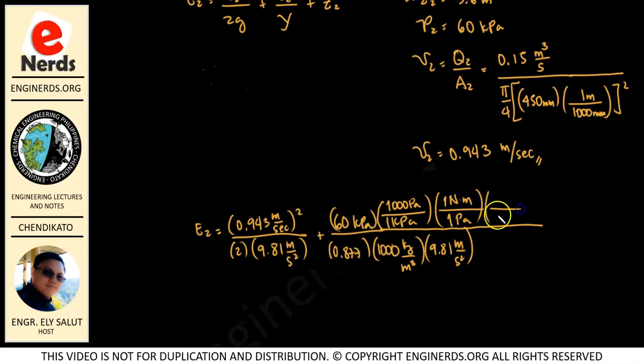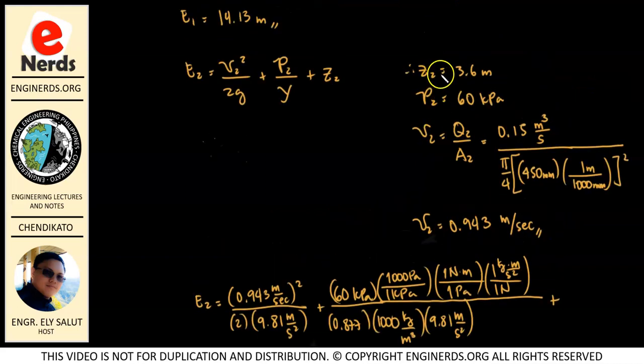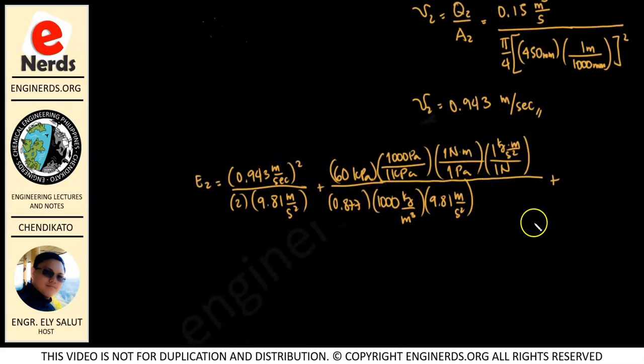And then 1 newton is equal to 1 kilogram meter per second squared. Okay, and we need to add our z. So our z is equal to 3.6 meters. So we will not be checking the units anymore kasi nagawa na natin yan kanina, no? We know that everything is in meters. So now we can calculate for the value of E2.